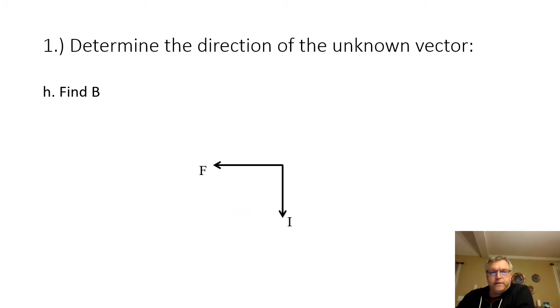Part H gives us the direction of the force in the negative X direction. It gives us the direction of the current in the negative Y direction, and is asking us to find the direction of the magnetic field. So my thumb, the force, wants to be pointing toward the left or in the negative X direction.